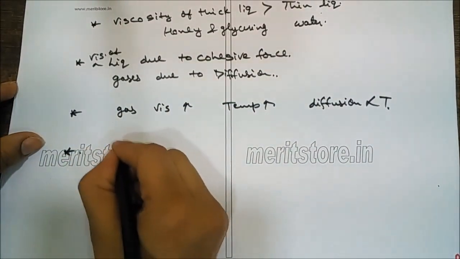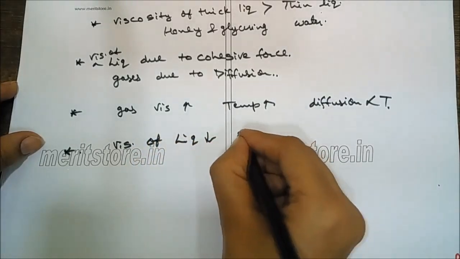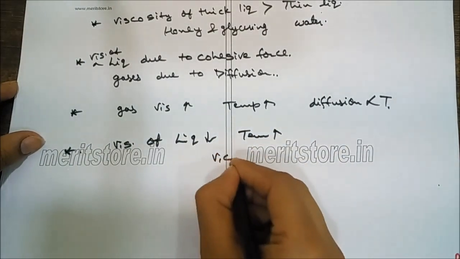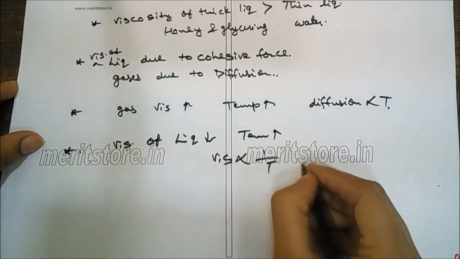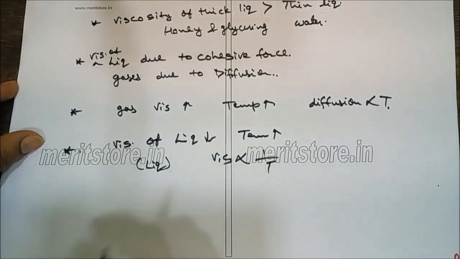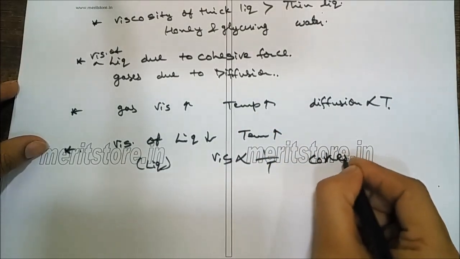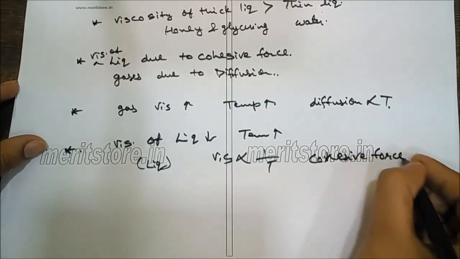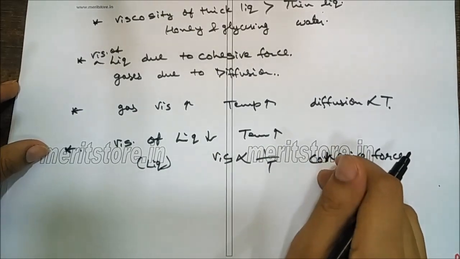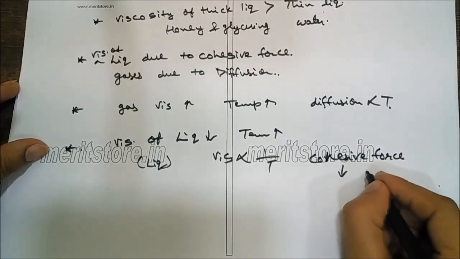And the viscosity of liquid decreases with the increase in temperature, or viscosity is inversely proportional to the temperature in liquids, because with increase in temperature the cohesive force between liquid molecules will decrease.